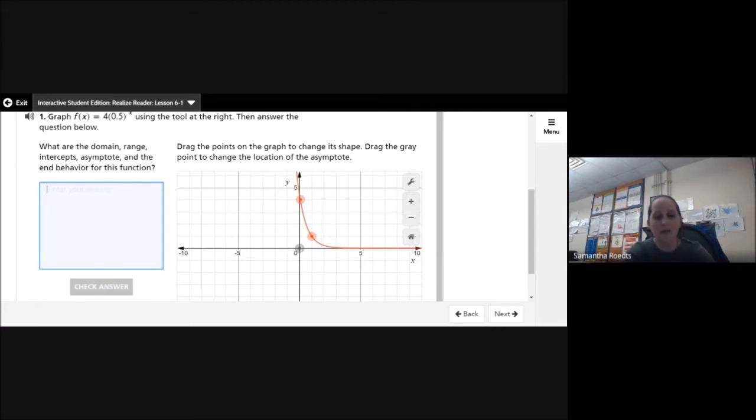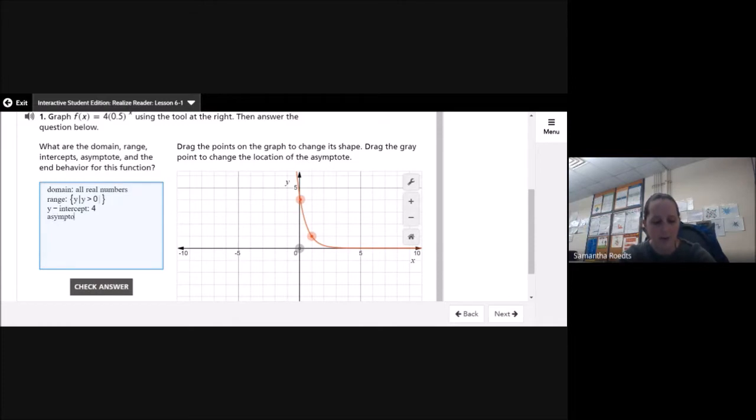My domain is all real numbers. My range is still y, where y is greater than 0. I have a y-intercept at 4.